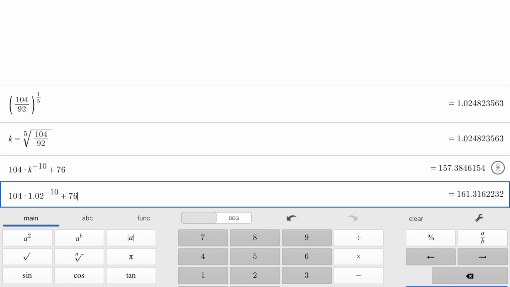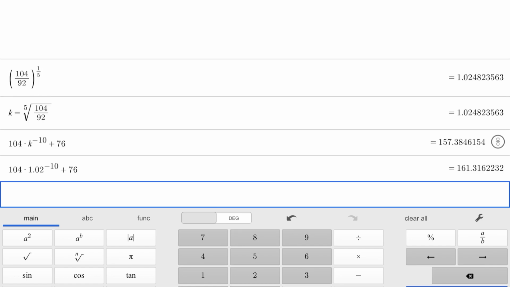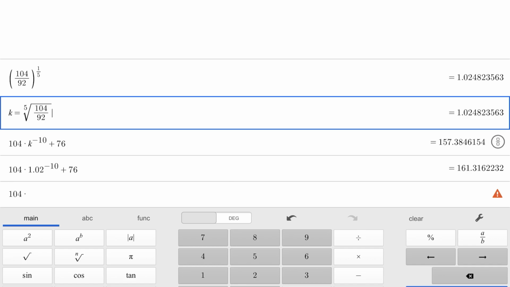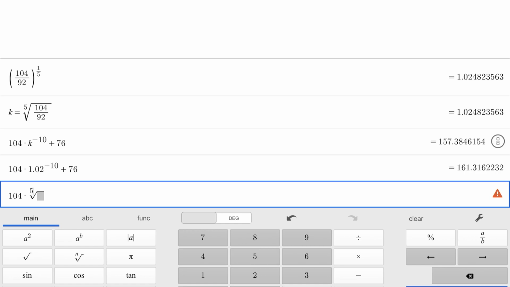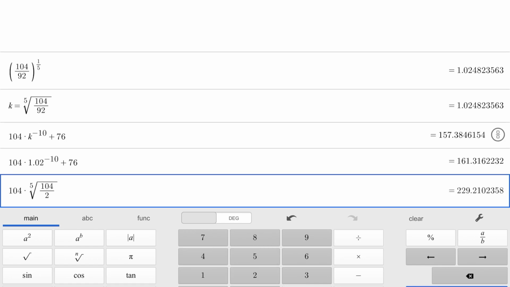So you have to store this into your calculator. Or one last option that you have is you can type in 104 times, and then use this value right here, the fifth root of 104 over 92, and then raise that to the power of negative 10, and then add 76 to that.